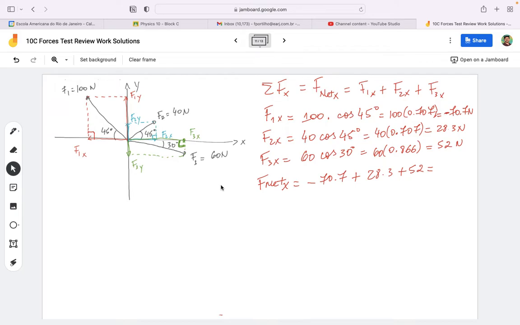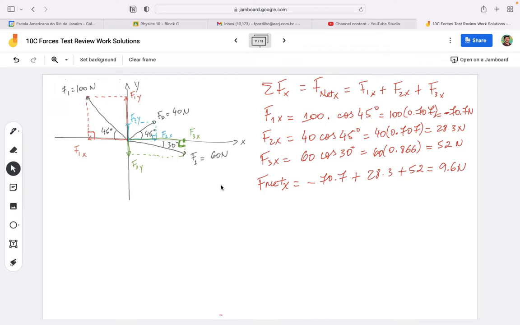It is important to double check each calculation that you proceeded. So this is what we're going to have. Using a calculator here, we are left with 9.6 newtons. So this is the x component of the net force.